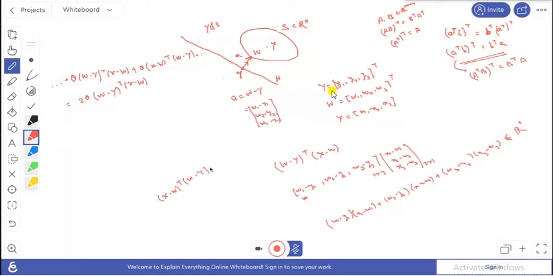This is also a real number. So both are the same, because the product is one dimensional. That's why these two are the same in the one dimension case.